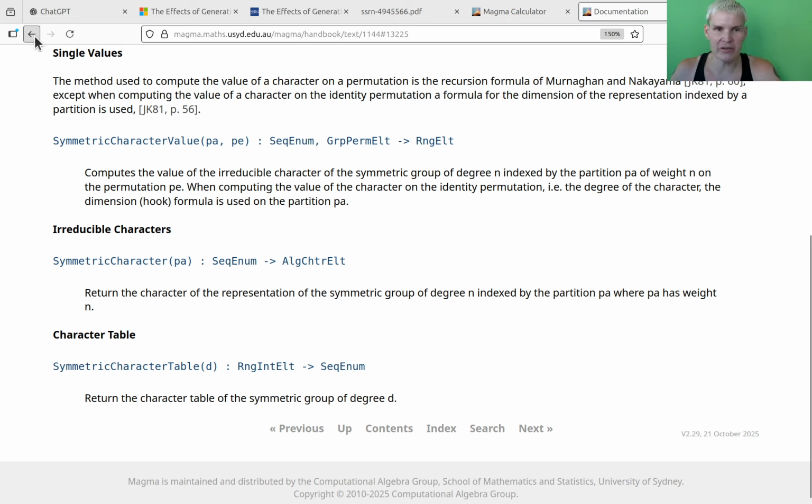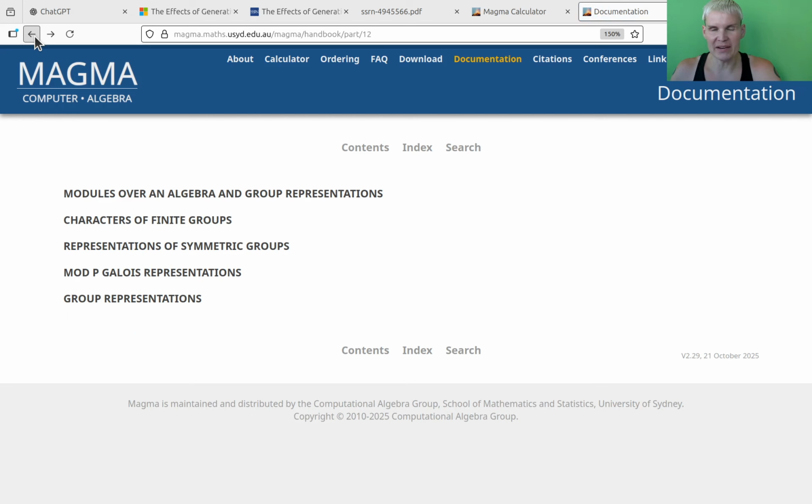The documentation here is pretty good, but there is definitely not as much documentation for Magma as there is for Python. So whatever I'm going to show you for Magma, or whatever your favorite language is, if you program it in Python or R or Rust or Java or whatever you like, it probably will do even better, because this is a really small programming language that we're talking about.